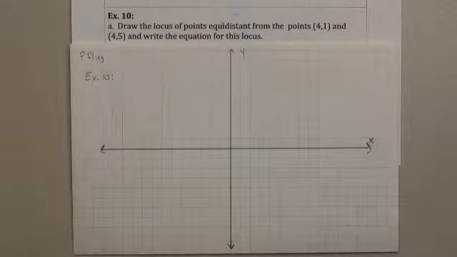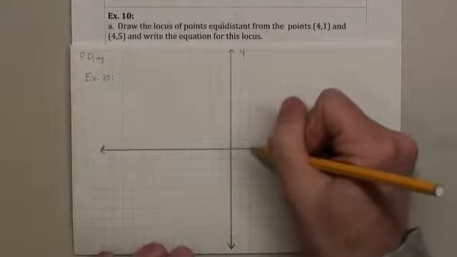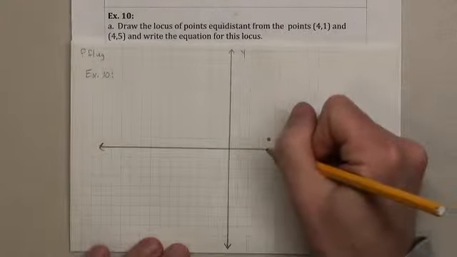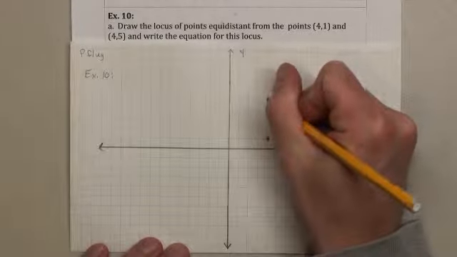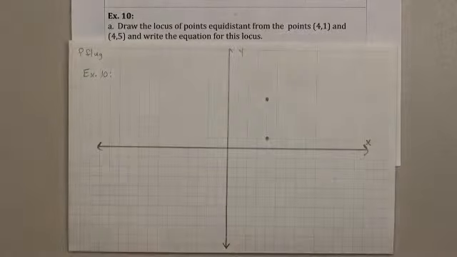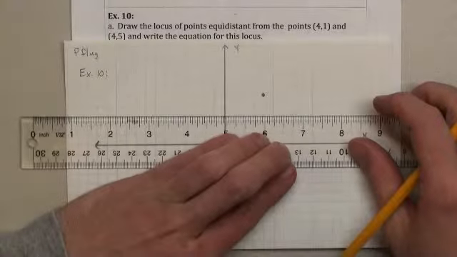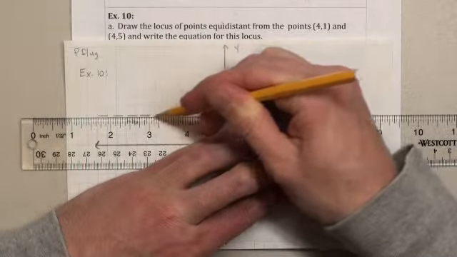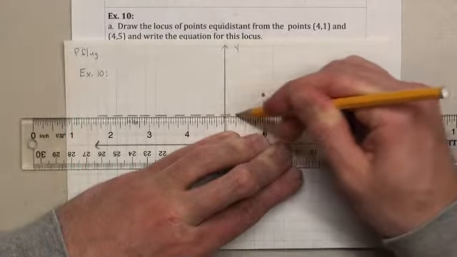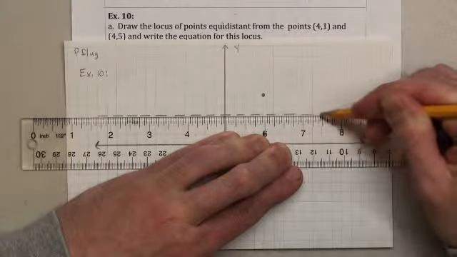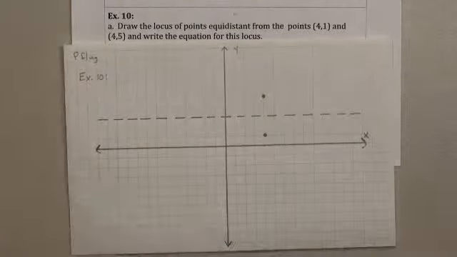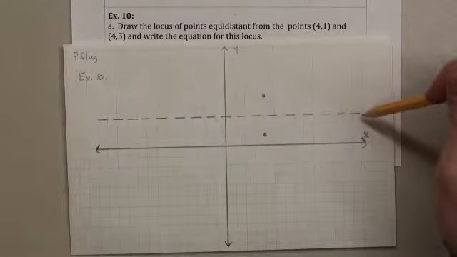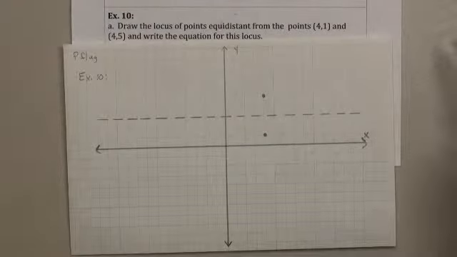Alright, so equidistant from 4, 1, and 4, 5. The locus of points equidistant from 2 points is the perpendicular bisector of the line containing them. That's it right there. It's directly in between them. If we were to draw a line between these 2 points, this dotted line would be perpendicularly bisecting it.